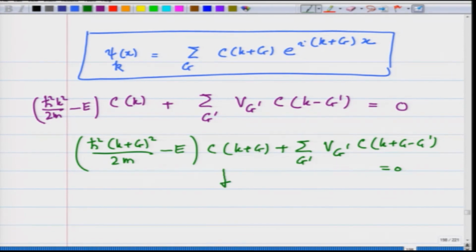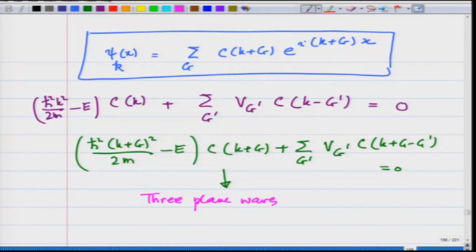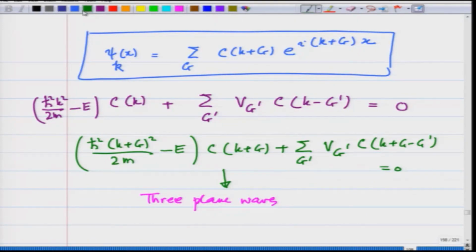Example of this we have already done. 3 plane waves were mixed, and you got a model for calculating energy in the previous lecture. I can mix 4, 5, 6 whatever number and then make a determinant and solve it. So, this is the way the band structure is gotten by mixing plane waves. This is the way that Bloch's theorem is also proved. This, by the way, is known as the central equation.